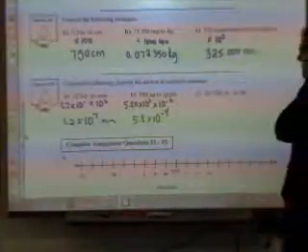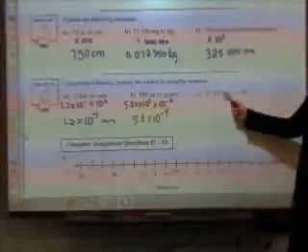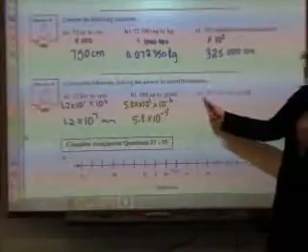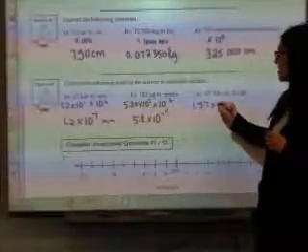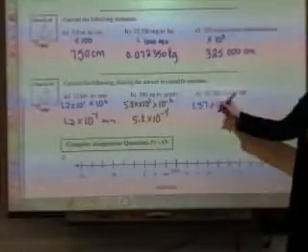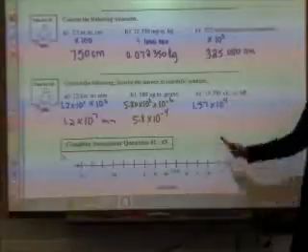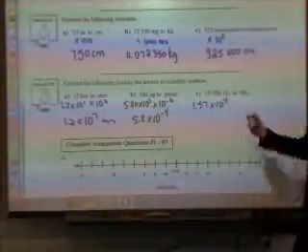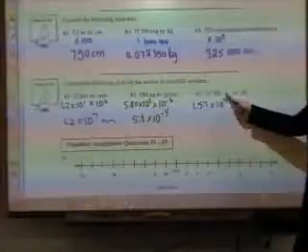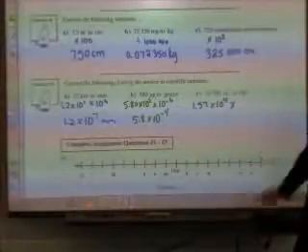Then the last one, this is centiliters. If I take my centiliters and write it in scientific notation, I get 1.57 times 10 to the 4, because there's 4 spots to move the decimal place. And then I'm converting from centiliters to mega.